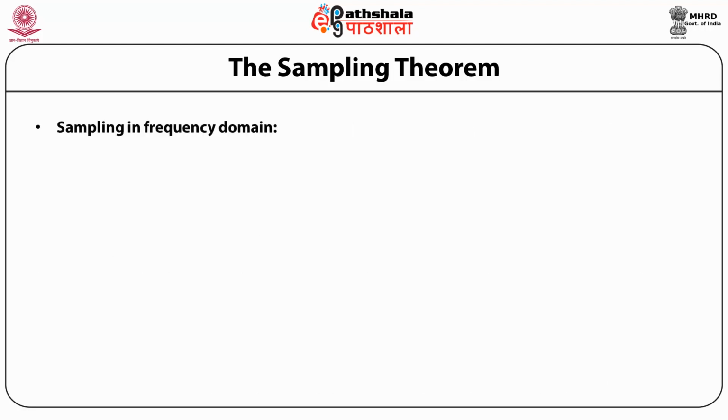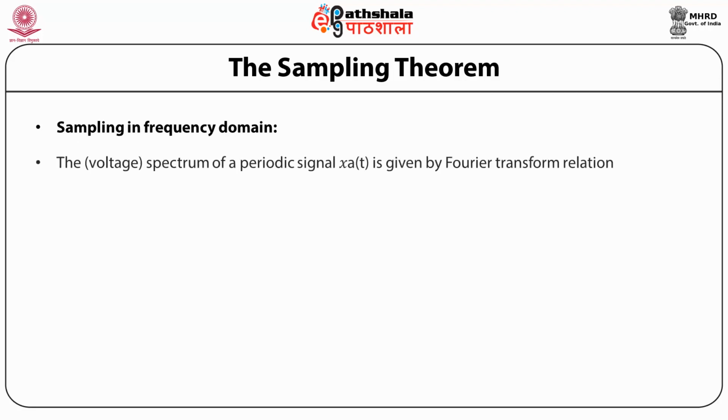Sampling in frequency domain. The voltage spectrum of the signal x_a(t) is given by the Fourier transform relation, X_a(F) equal to integral minus infinity to infinity over x_a(t) exponential minus j 2 pi F t dt.